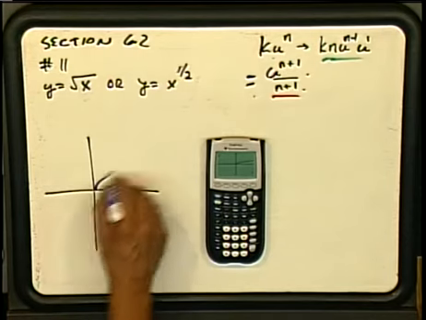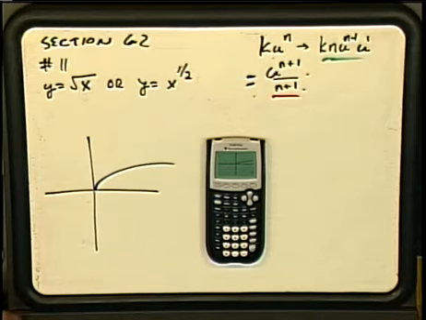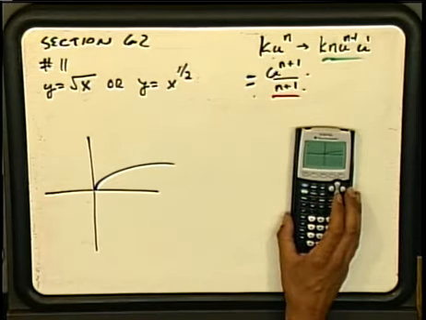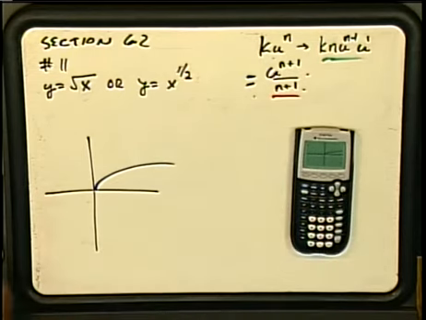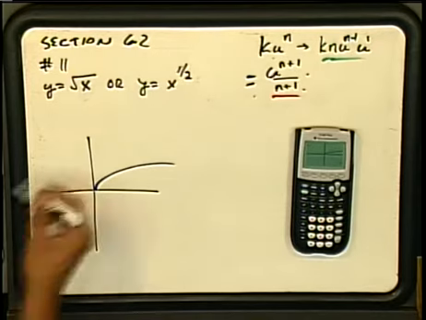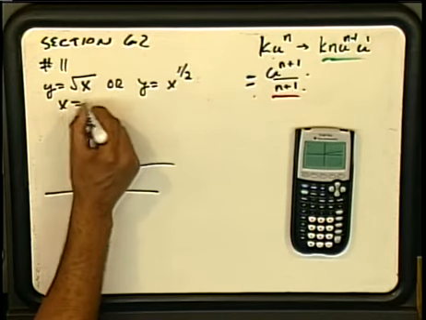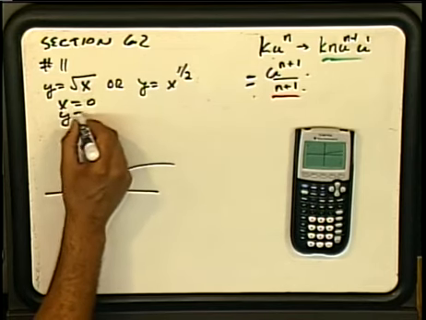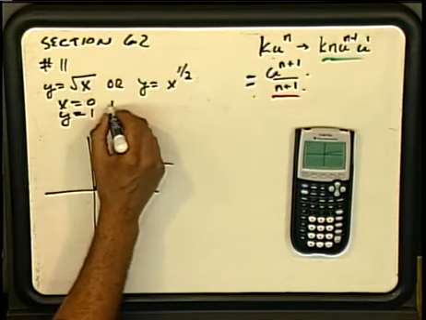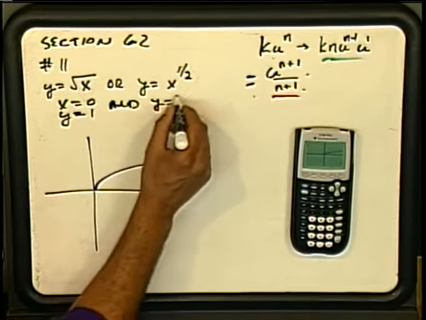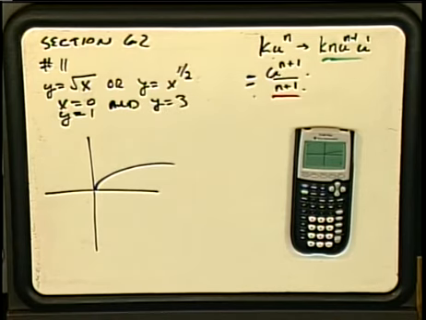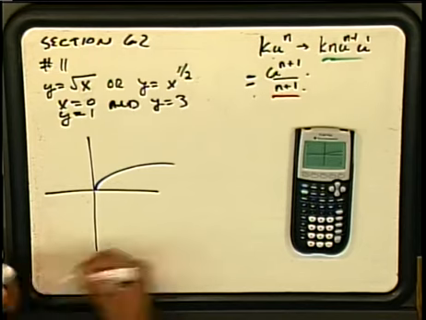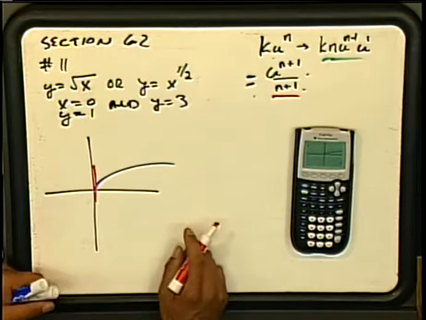It looks something like this. Forgot to write my boundaries. My boundaries are x equals 0, y equals 1, and y equals 3. x equals 0 is right here.